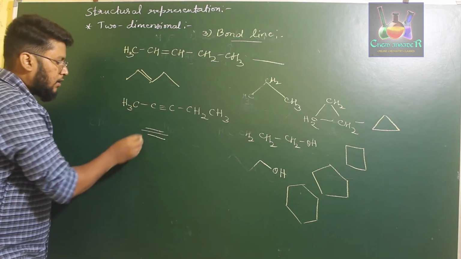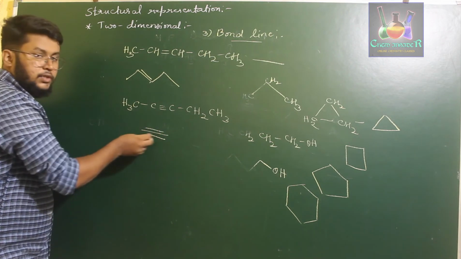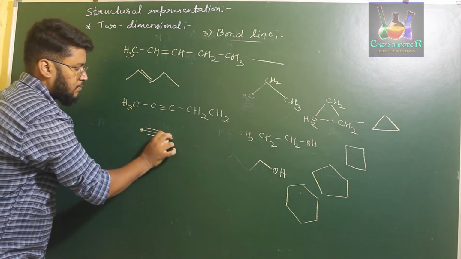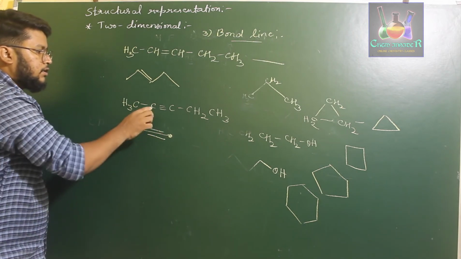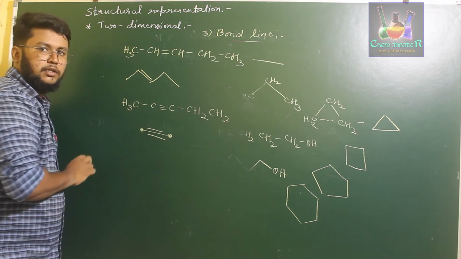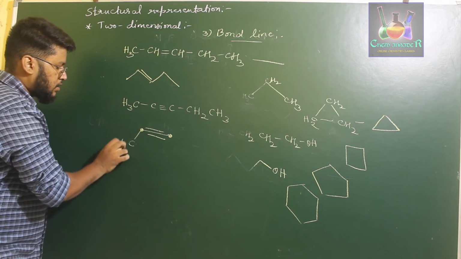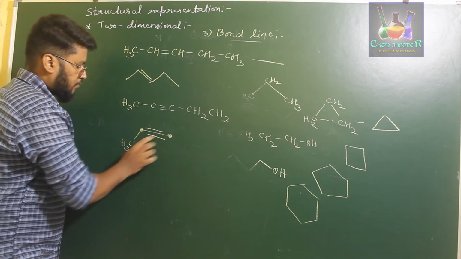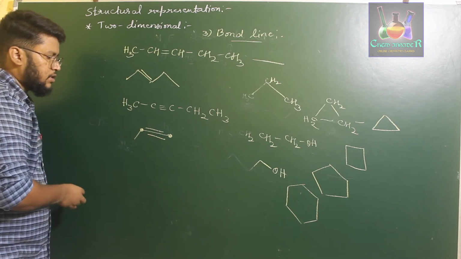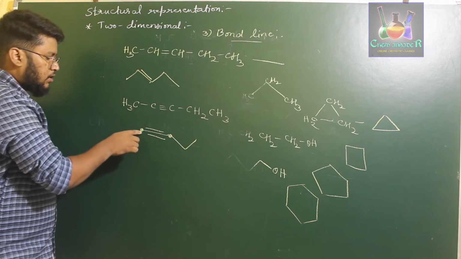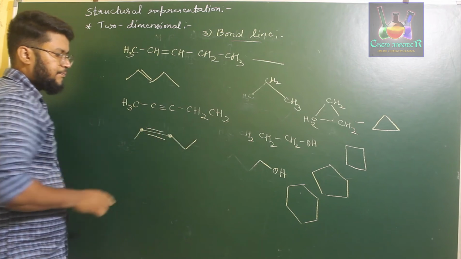On the end of the terminal of this triple bond, write a dot, indicating these are the 2 carbon atoms present in the triple bond. Next, you can continue the zigzag form: CH3, CH2, CH3. 1, 2, 3, 4, 5.